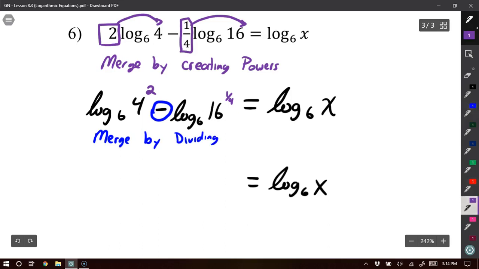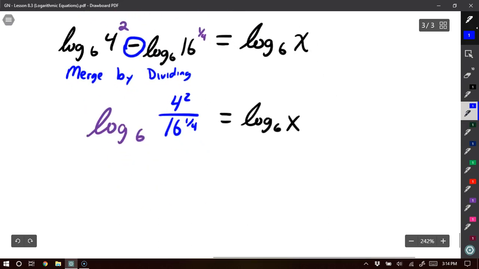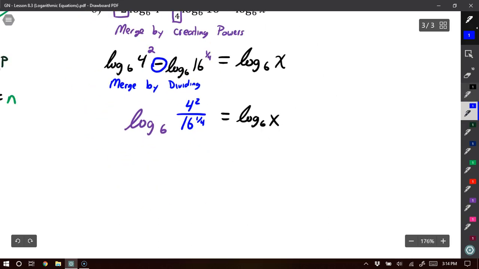So I'm going to create one single log base 6 because that's so nice. I'm going to take that 4 squared, and I'm going to take that 16 to the 1/4, and I'm going to divide them.